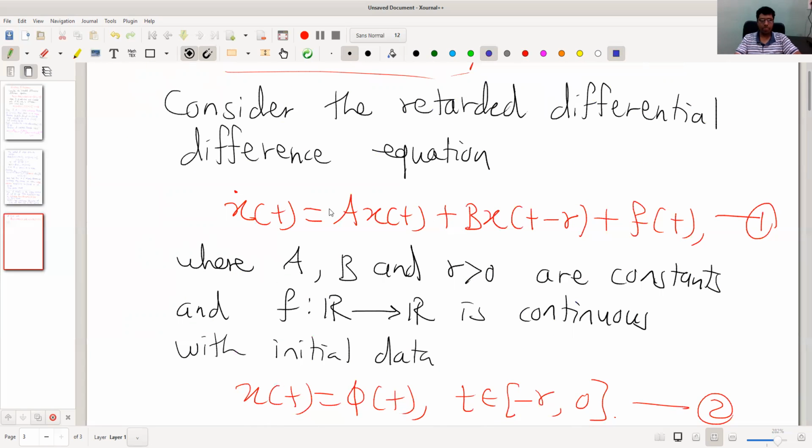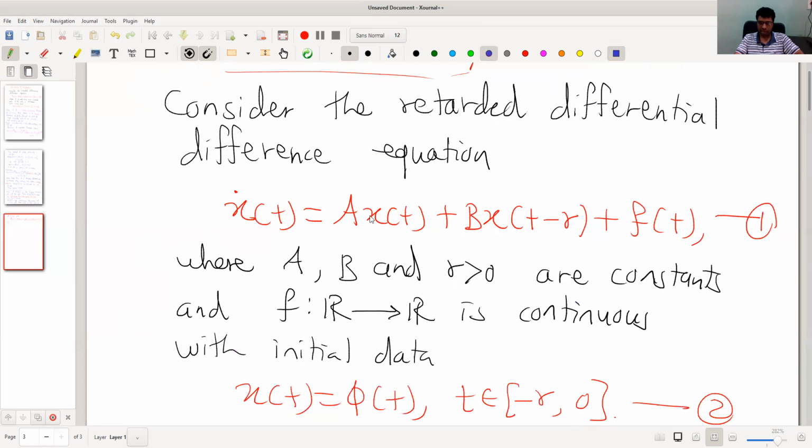Consider equation 1. Now see the right hand side. We have seen that this function f is continuous. Okay, this x is a solution, so it should be a continuous function.